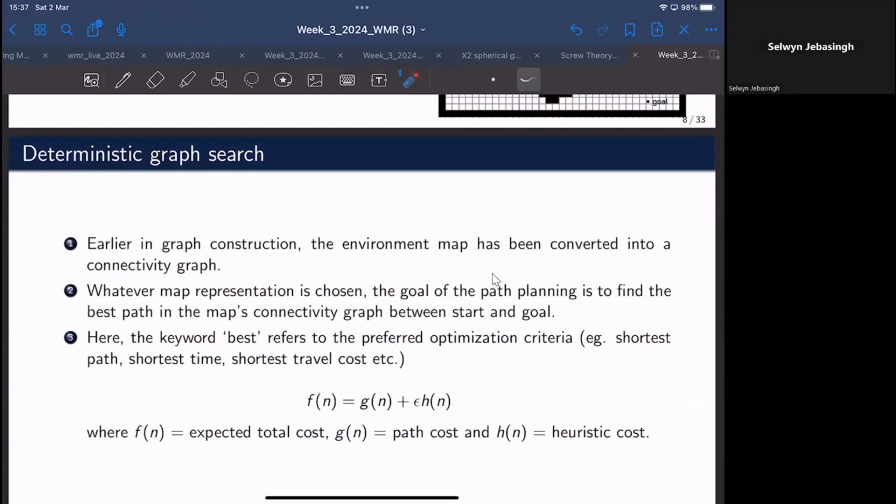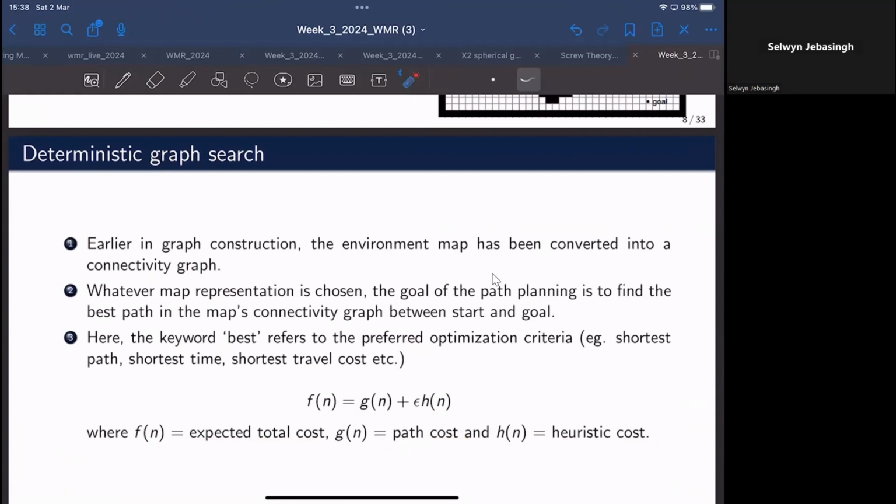And if you are considering the shortest travel cost, the travel cost is actually defined by this formula. Each of these terms is defined as follows: f(n) is the expected cost. For example, if a robot is moving from one cell or position to another cell, what would be the cost of travel? The total expected cost would be the sum of path cost and heuristic cost.